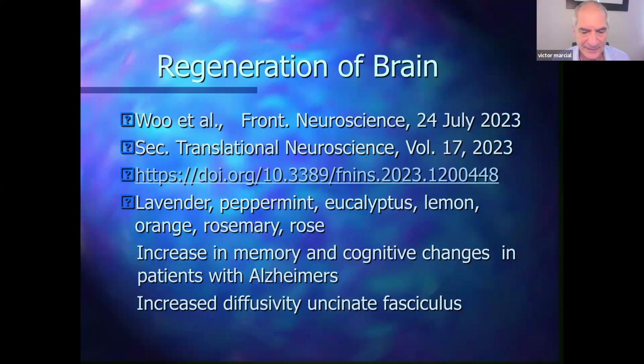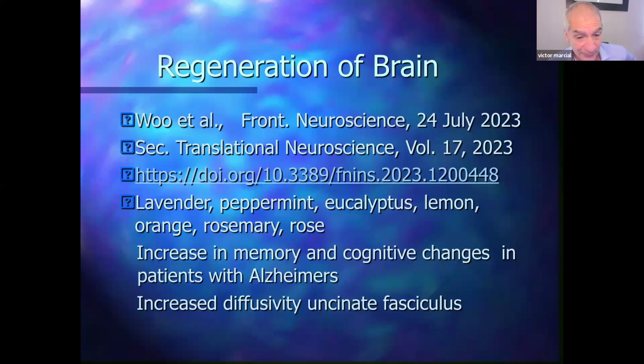The uncinate fasciculus connects the temporal with the frontal lobe, and it has to do with memory. This area becomes atrophied in patients with Alzheimer's. And this was regenerated, which was amazing, just by inhaling this every night. At 6 months, that evaluation showed this.